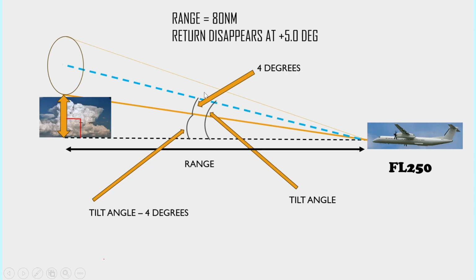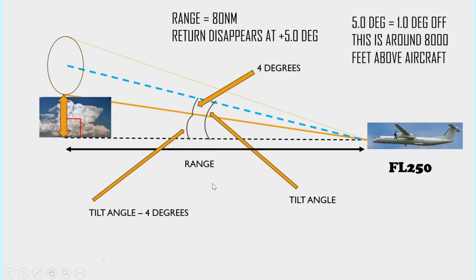So it's 1 degree below the bottom of the bottom beam, with respect to the horizontal, the dotted line. And now 1 degree off is around how much? At 80 nautical miles it will be 8,000. If you revisit your table, it's around 8,000 feet above the aircraft.